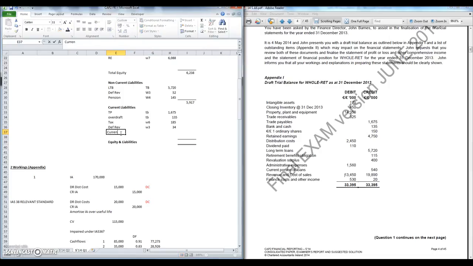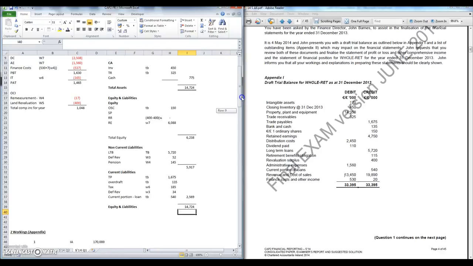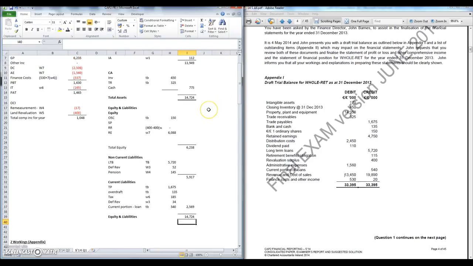So current portion loans from the TB gets you to 540. So add them up, gets you to 2569. So we add the 3, all our equity and liabilities, gets you to 14724, which thankfully, and we'd love to see this for the exam, they both balance up.